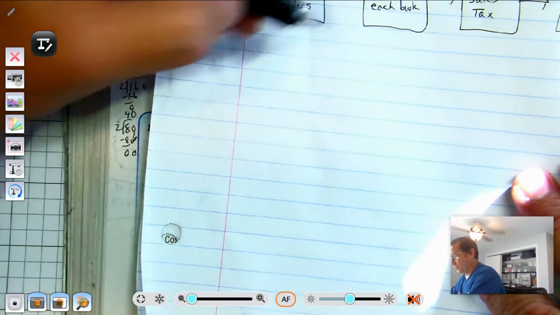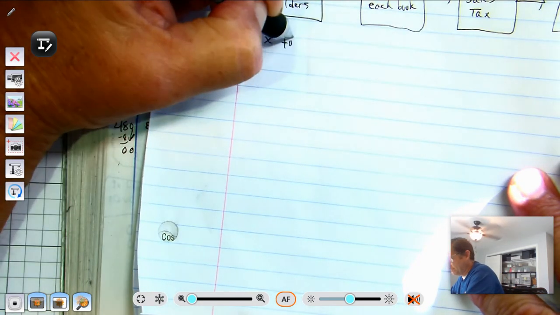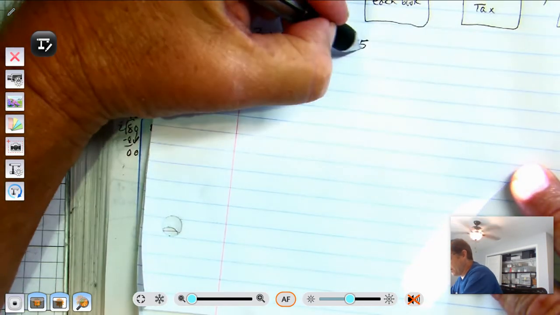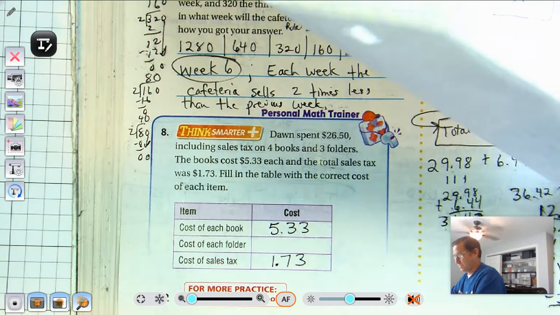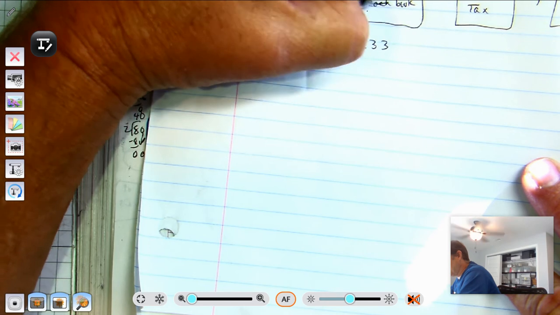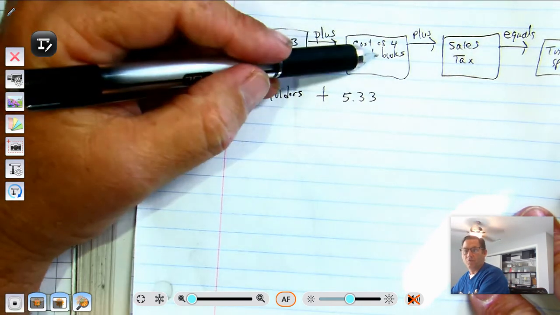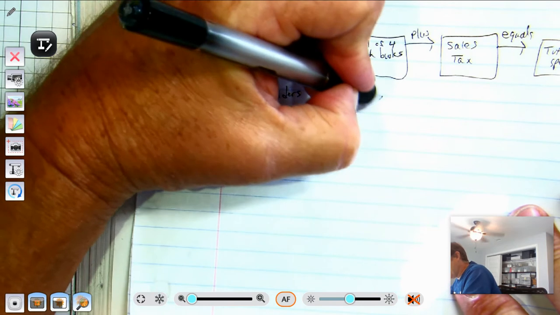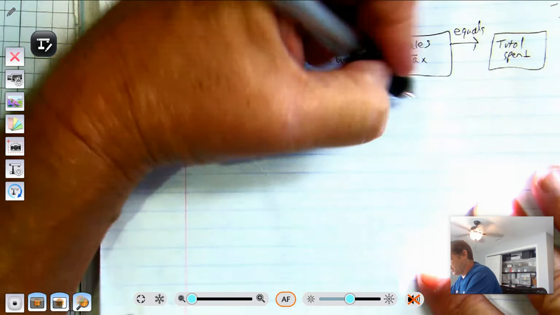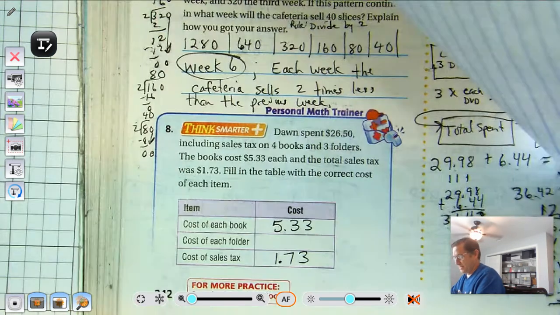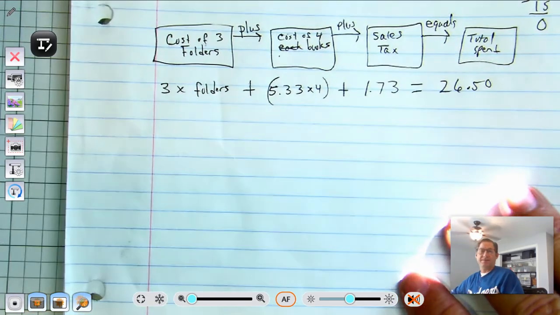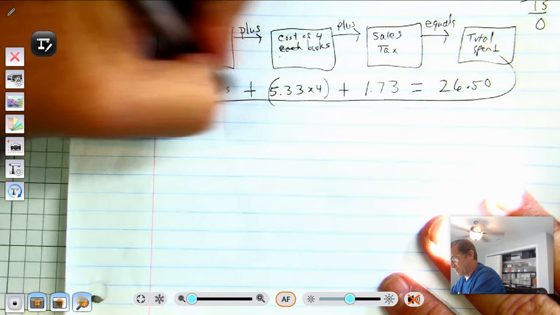All right, so we have to figure out the cost of the folders. The cost of each book was $5.33. I should have said cost of 4 books. So $5.33 times 4 plus the sales tax of $1.73 equals $26.50. So let's work backwards from there.